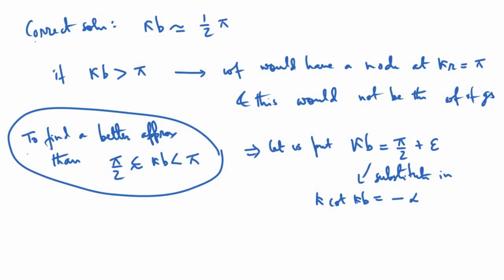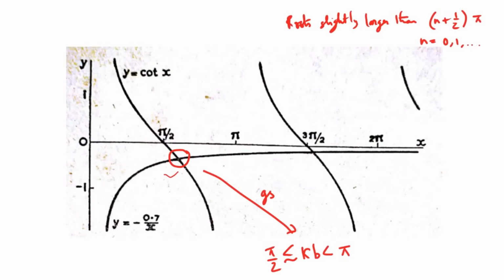Fine. Now if we do that, then we will get as a result epsilon cot of pi by 2 plus epsilon, this is equal to minus alpha b. Now let me go to the next page. Okay, now what I am going to do, see here. So basically this alpha is somewhere over here.